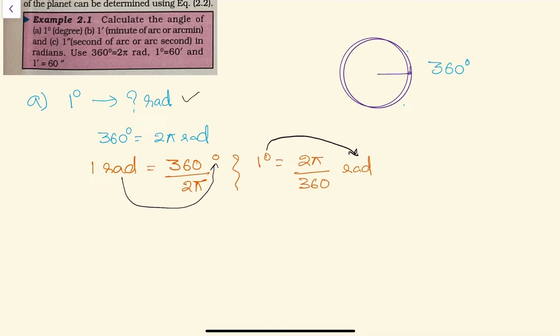You can also write it another way: 1 radian is equal to 180 by pi degrees, and 1 degree is equal to pi by 180 radians.